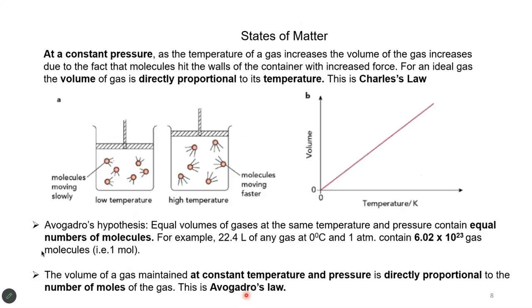If we take the next slide, at constant pressure, as the temperature of gas increases, the volume of gas is directly proportional to its temperature. This is Charles' law. That is, at constant pressure, volume of gas is directly proportional to temperature.